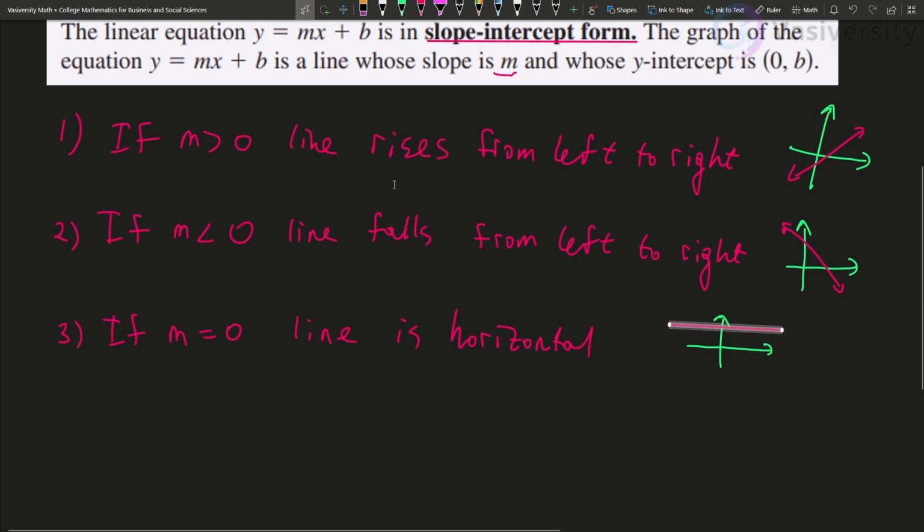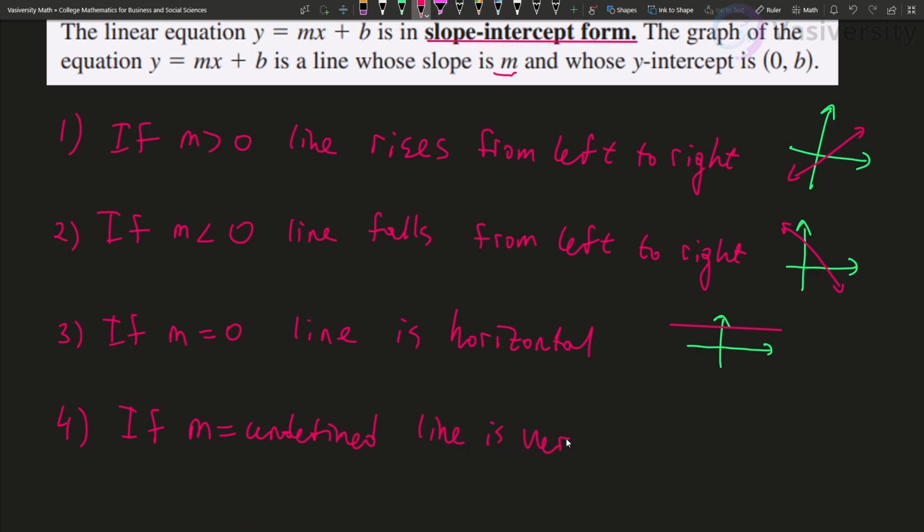And the last part, part 4, is if the slope m is undefined, meaning that it's something divided by 0, so we cannot define it, then we can say that the line is vertical. We will talk about this case in a bit, of how and why the slope would be undefined. But it would be a straight line. All right, so these are the 4 conditions of the slope that are possible for the linear equation.